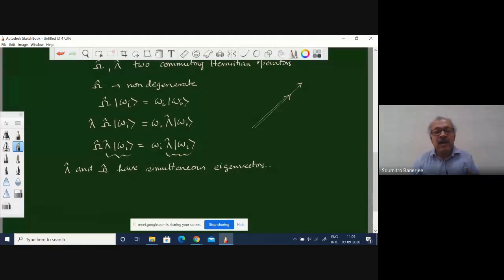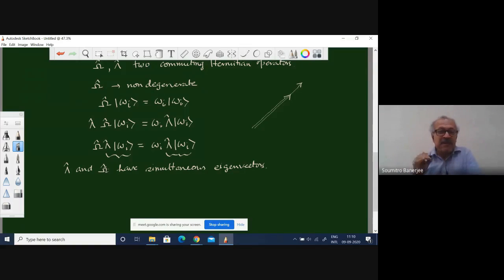Now, we have already learned that if you define these eigenvectors as the basis, then it will diagonalize the matrix. And therefore, if two operators commute, then they have shared simultaneous eigenvectors. And if you define the basis that way, then both of them can be simultaneously diagonalized.